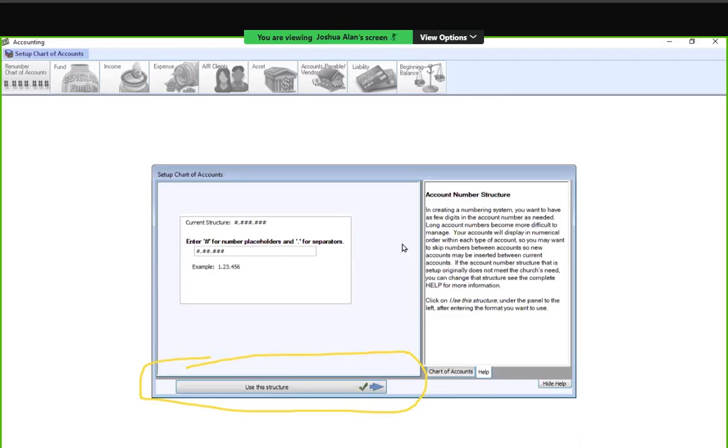But notice this example changes if I change this. So if I backspace to take out one of those middle pound signs, notice what my sample shows. So even if I were to go through with this particular account number structure, 1 digit, dot, 2 digits, dot, 3 digits, I like to just kind of paint this picture numerically, just tell you exactly how many possible account numbers you can have.